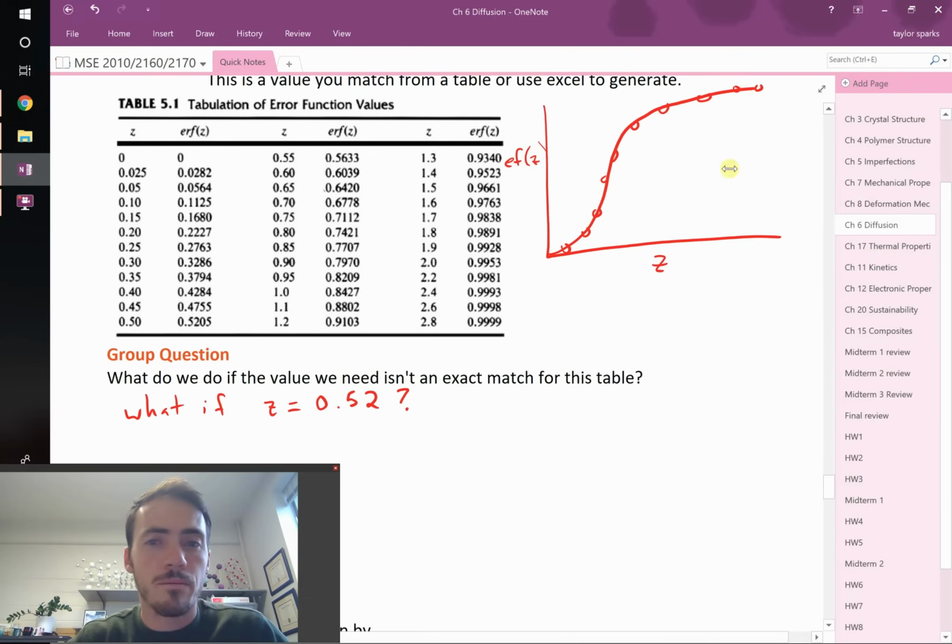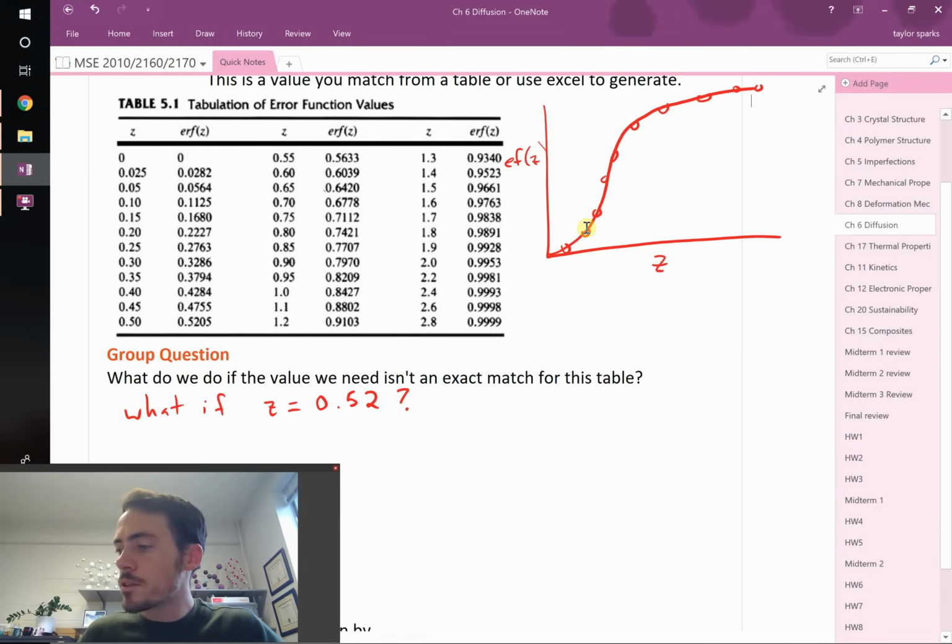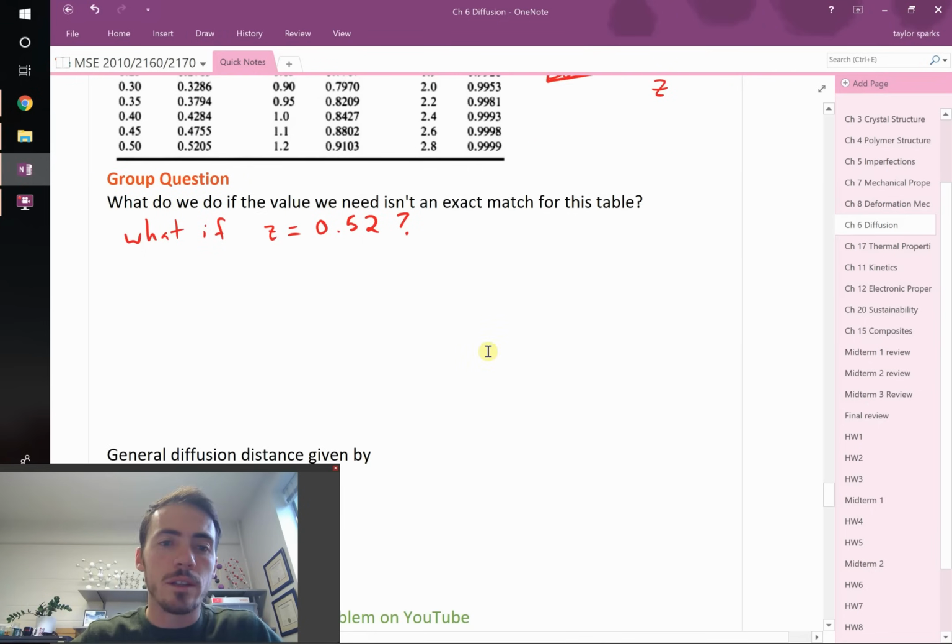Now, if your points are too far apart, then it's not linear, it's bending. But if those points are close enough, like they are in this table, then you can just assume it's a straight line between those points without losing much information. It's an approximation, to be sure, but it's a pretty good one. So the expression for a linear interpolation is as follows.